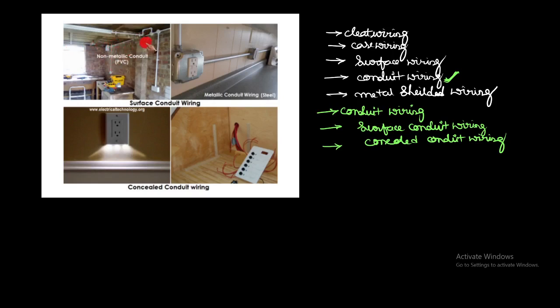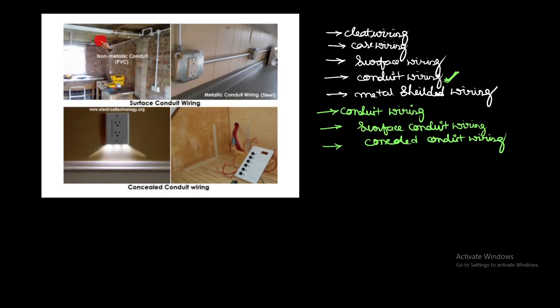That is called the surface conduit wiring. Metallic conduit wiring also has some arrangements. You can see the clips are arranged to handle the weight of these pipes. So this is called the surface conduit wiring.